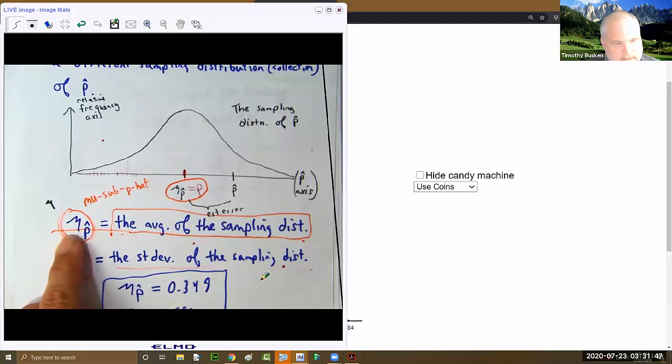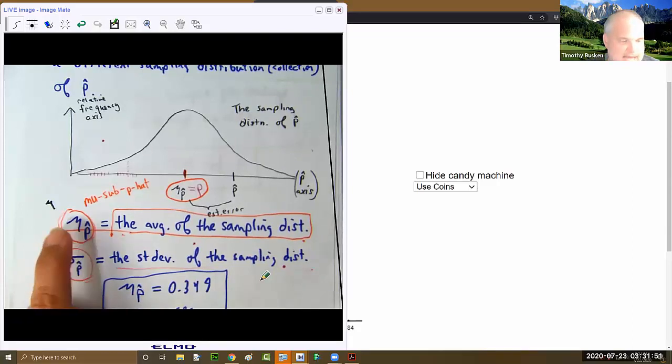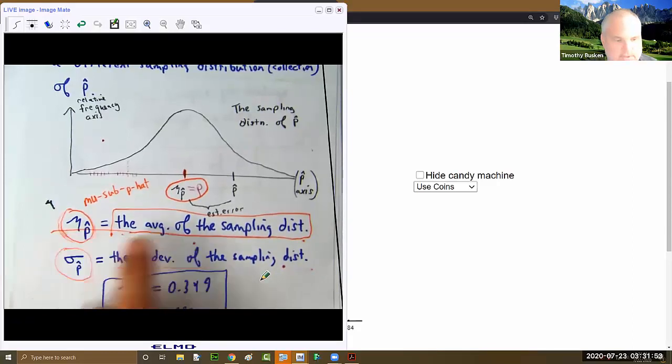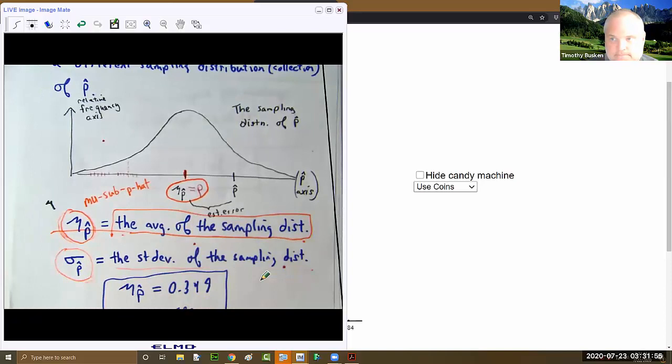And what was the other thing? The theorem proves that that number will be equal to the actual percentage.